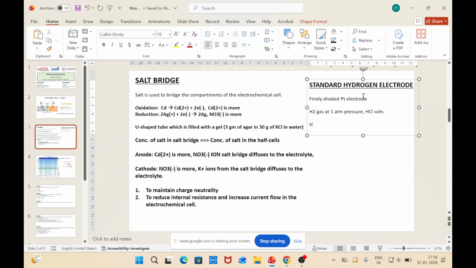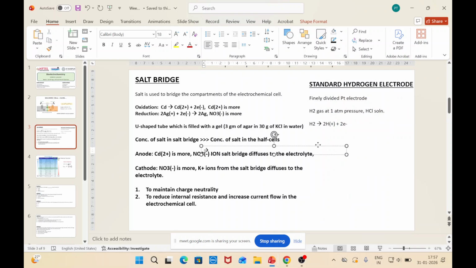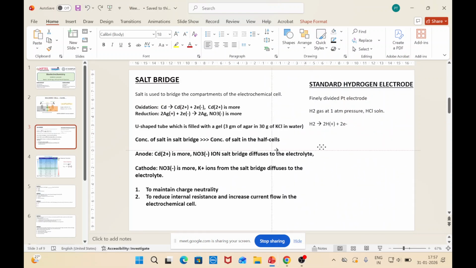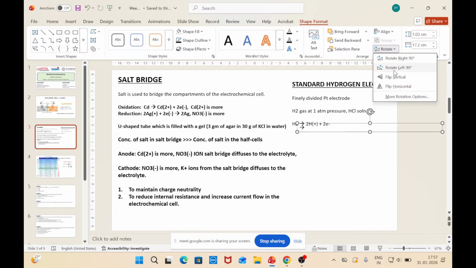So the reaction is something like this: H2 gives 2H plus 2 electrons. Again, this is a reversible one, so I need to be careful when I write this.